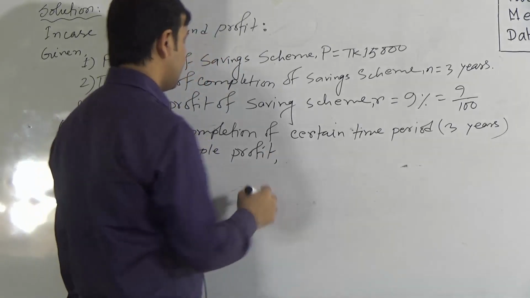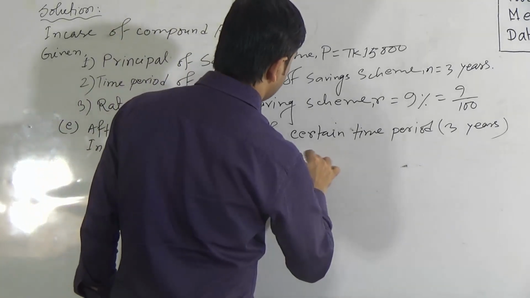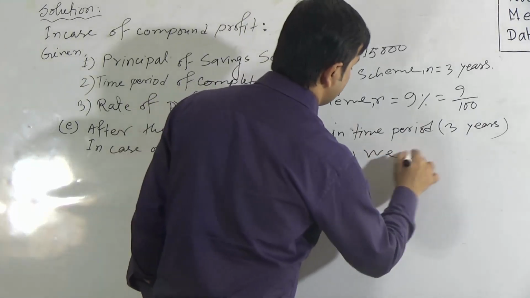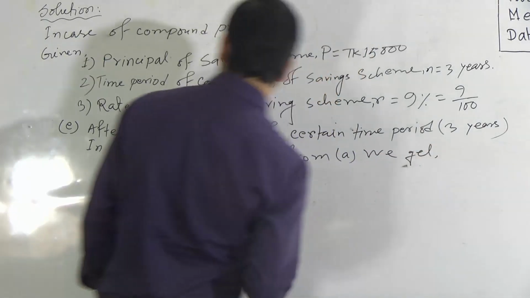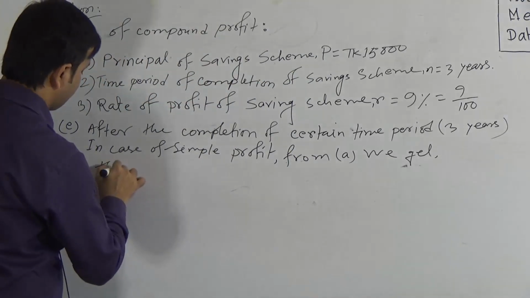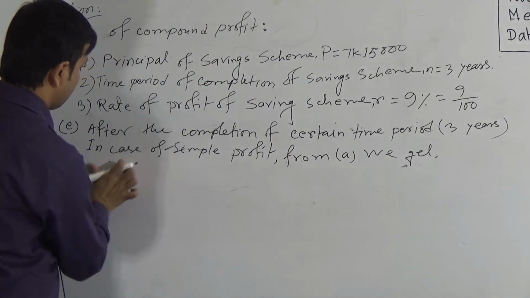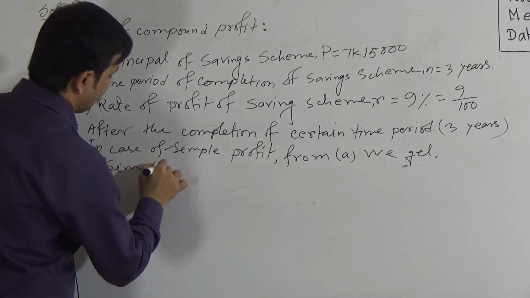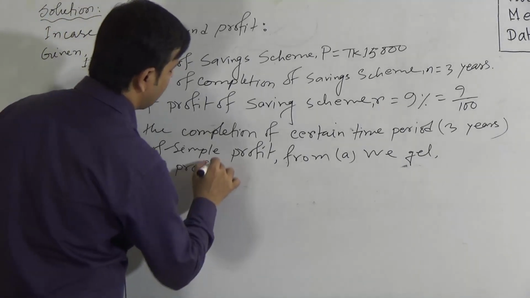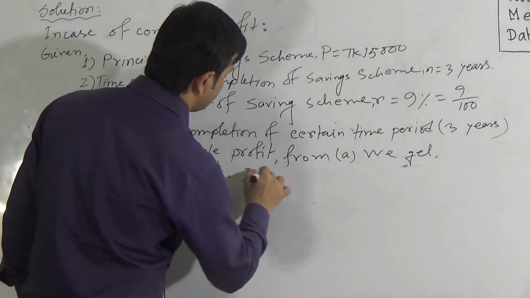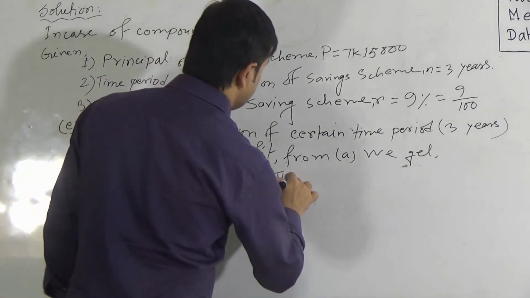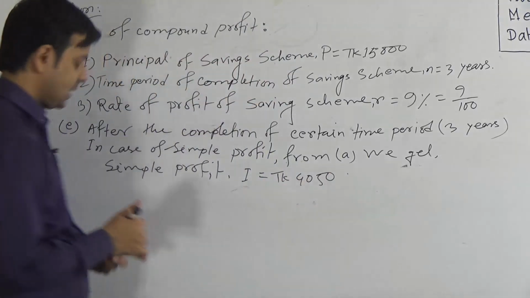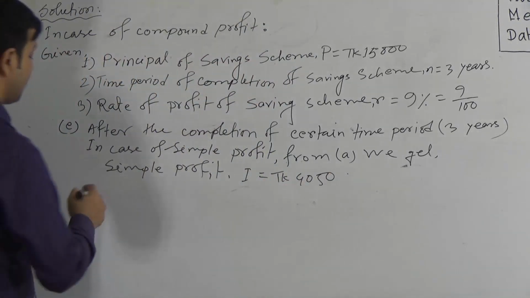In case of simple profit, from A we get the amount of profit, or we can write simple profit I equal to taka 4,050, that we have determined in question A.